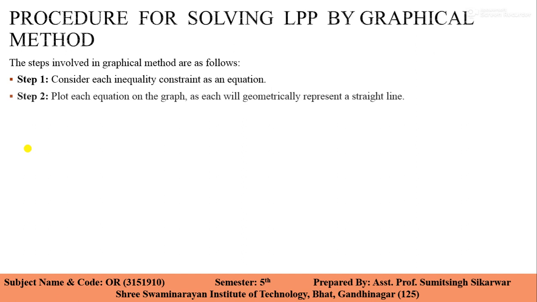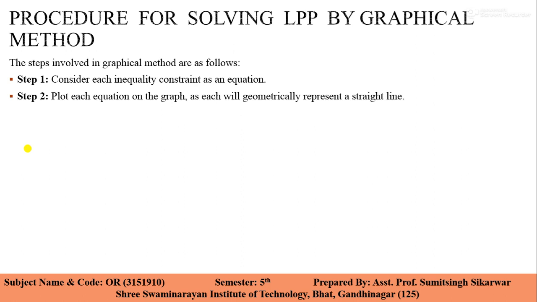Step 2, plot each equation on the graph as each will geometrically represent a straight line. As we know, a linear programming defines itself as having a linear relationship between the variables. So all the variables are plotted by a straight line.